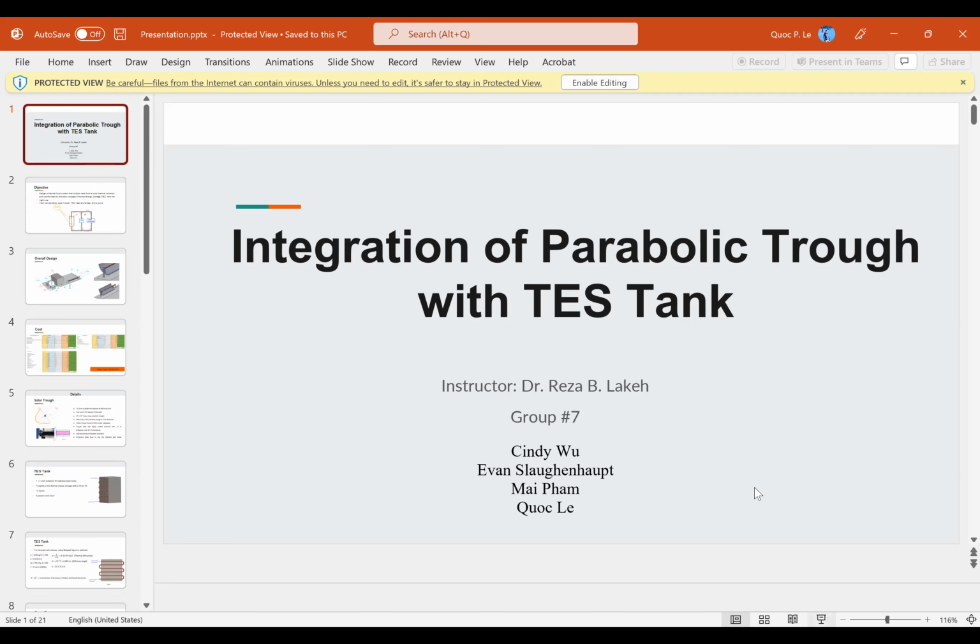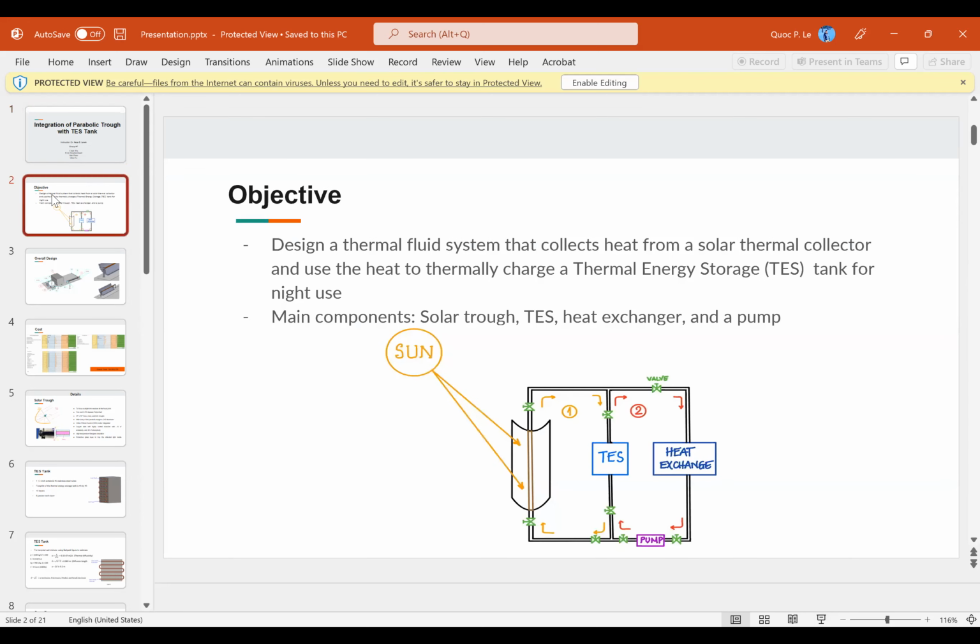Just the name of our project and the names of the members in the group. And then you will continue to the objective, I think the objective and the overall design. You got it? Okay, ready? 3, 2, 1, yes. Okay.